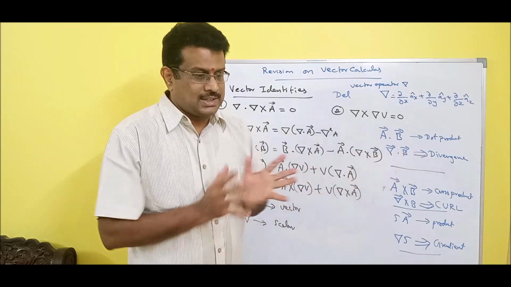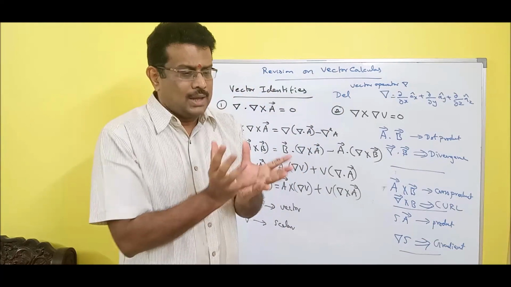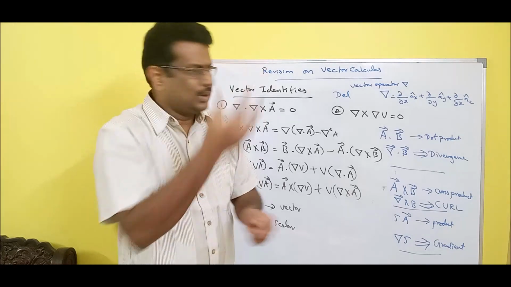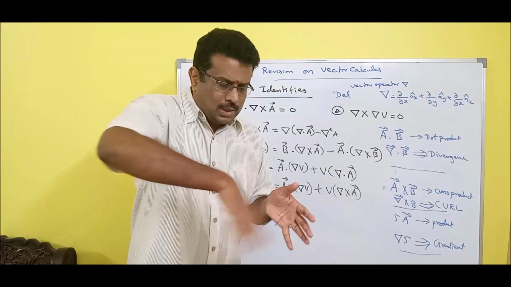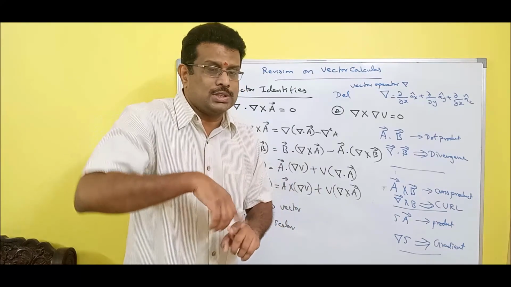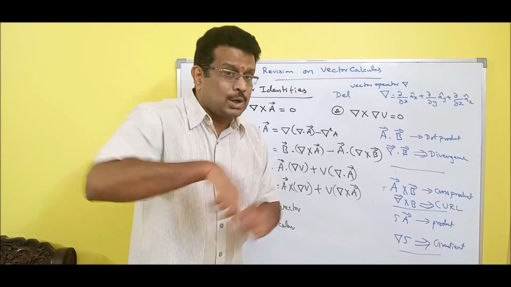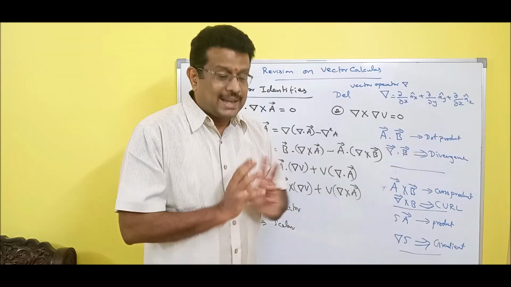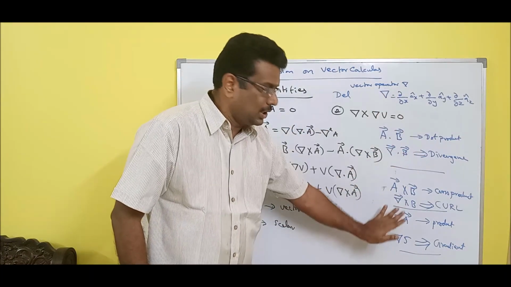Divergence is an expanding variation. Take a balloon, fill it with air, try to break it, it expands. Take water in a bucket and try to rotate it, it rotates. Curl is circulation, a circular variation. The gradient is a gradual variation. Please keep it in mind.